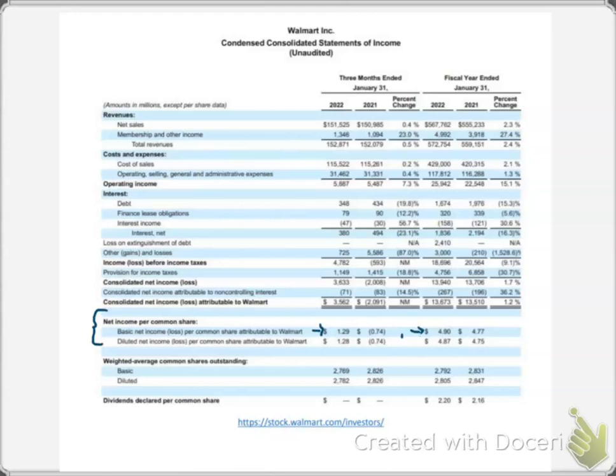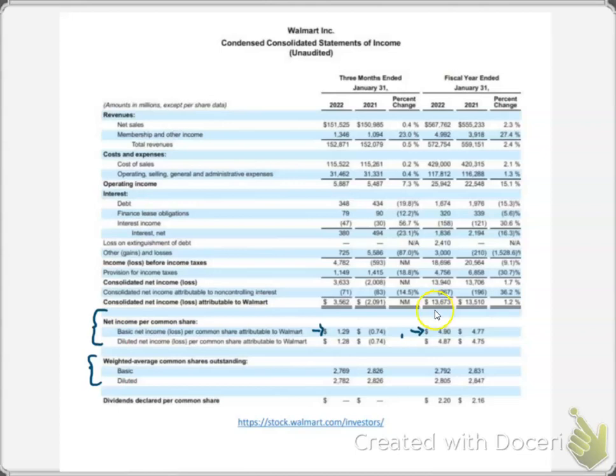It's at the bottom of the financial statements and they do list it for every year, every quarter. For Walmart, they even have the weighted average common shares outstanding. That is the denominator of the earnings per share calculation, and that is also shown on the face of their financial statements.